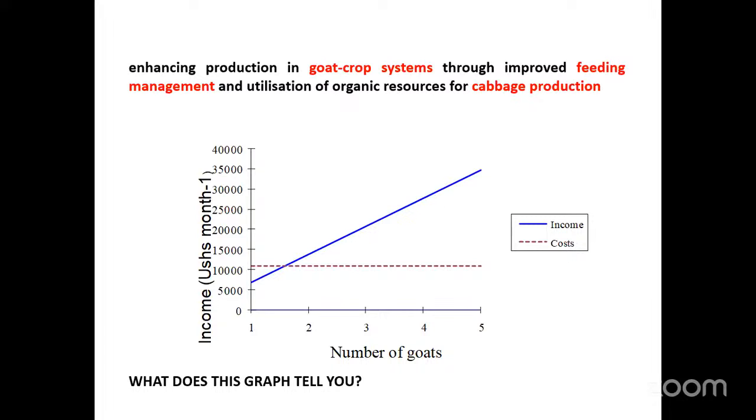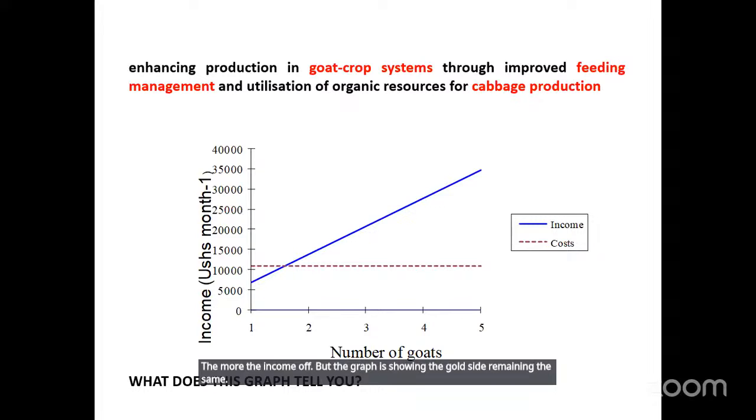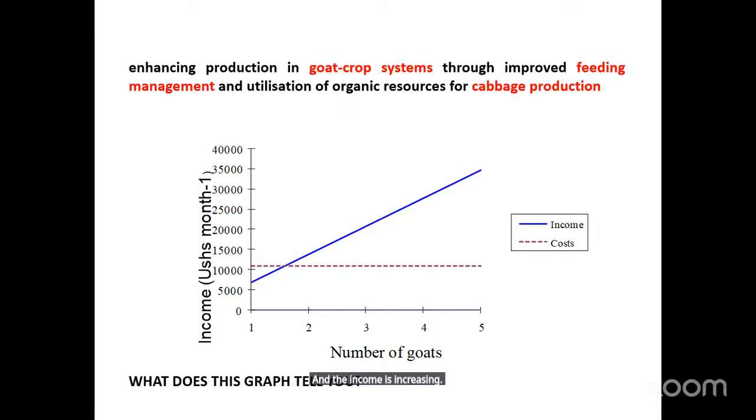First of all, you see the graph representing goats. It is constant, but the income is increasing. So the relationship is not correctly represented. The more the goats, the more the income. But the graph is showing the goats are remaining the same and the income is increasing. So that means there's another factor coming into play, which is not being represented by the title.